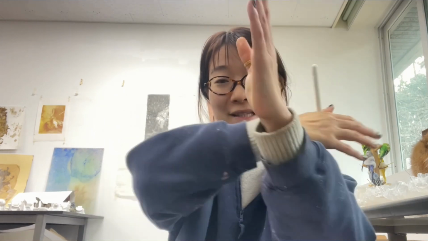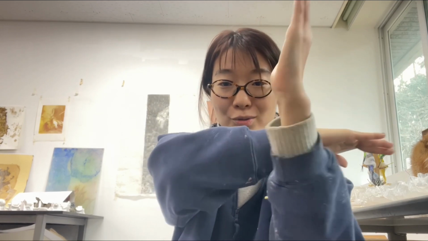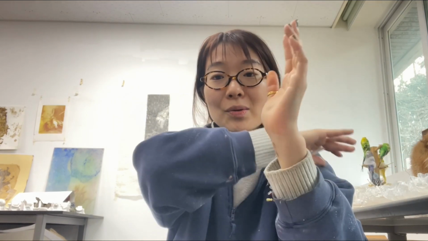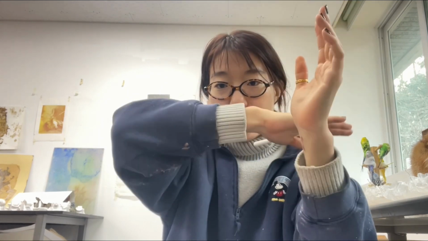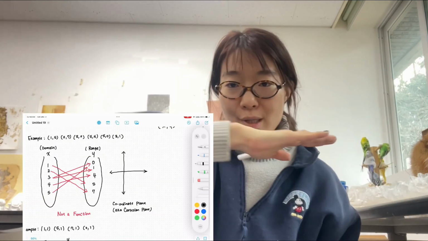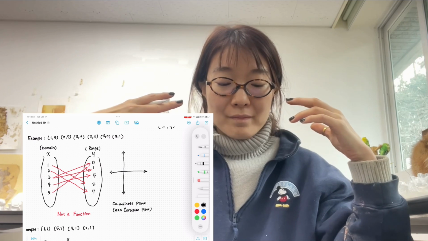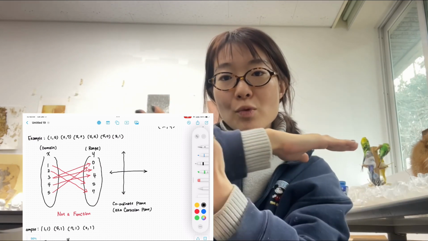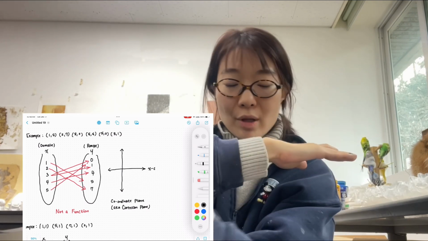And as you can see, because of the two number lines that we have, we decided to put our horizontal number line as the x-axis. So all the x values, so domain, would exist on this number line.